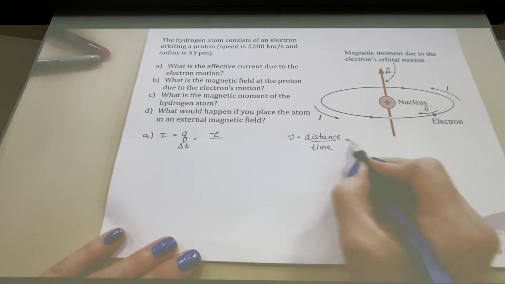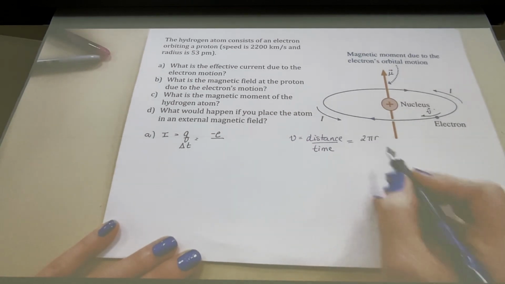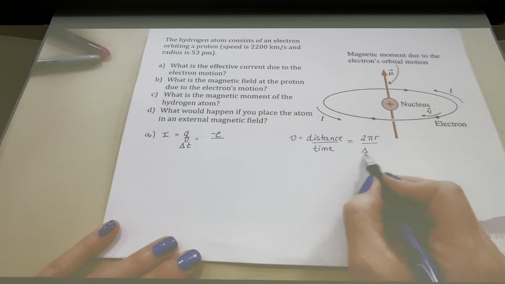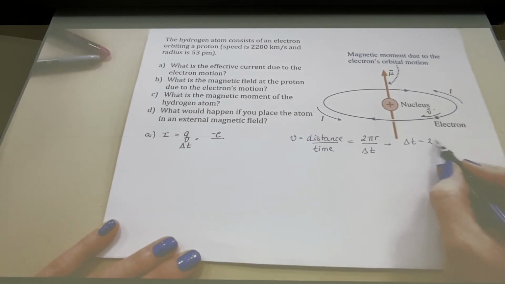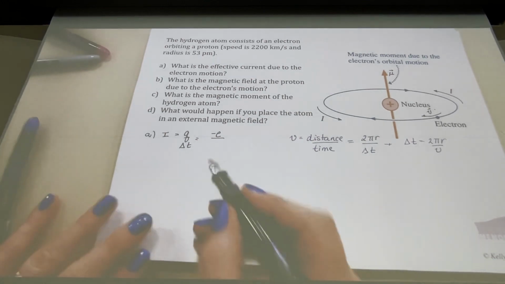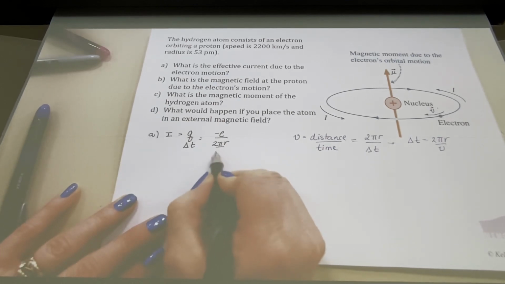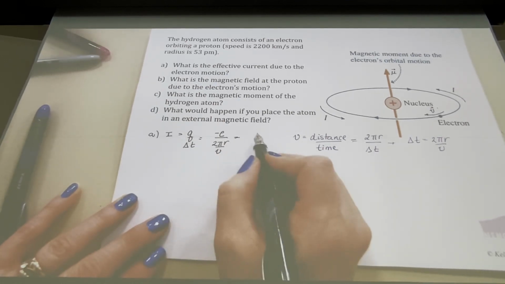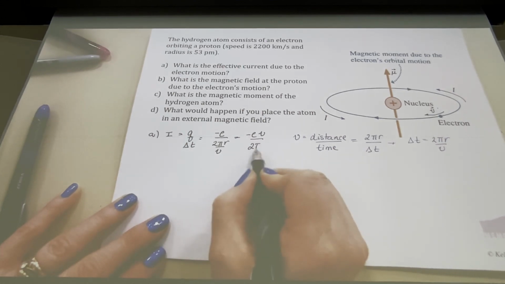If we think about one revolution, the distance would be a circumference, 2 pi r, and that would take some amount of time, delta t. So our time delta t is 2 pi r divided by the velocity. That's how long it takes to go around a circle once. So our current would be minus e over 2 pi r over v, equals minus e times v over 2 pi r.